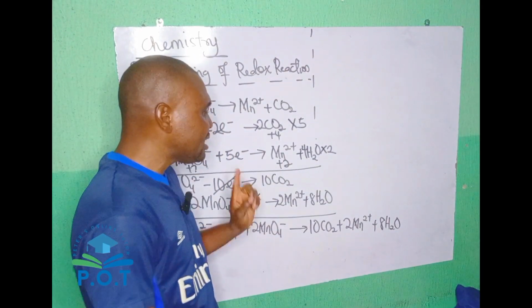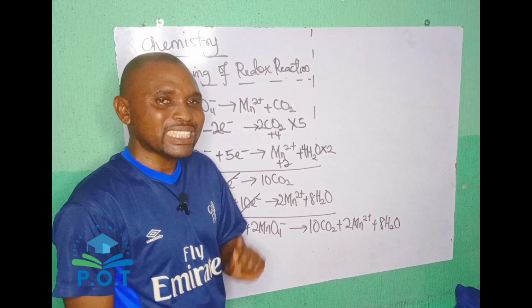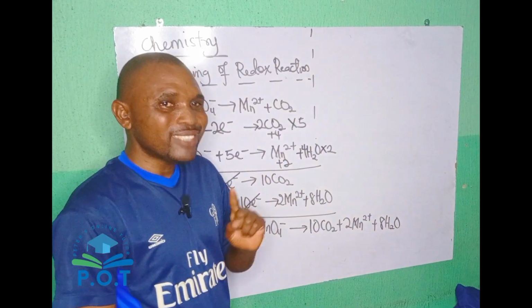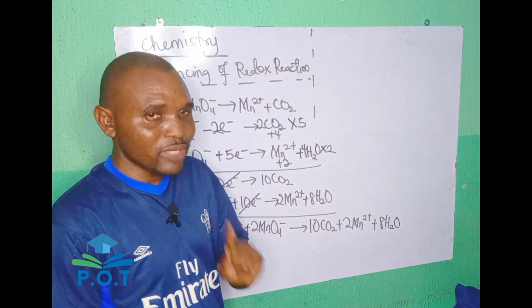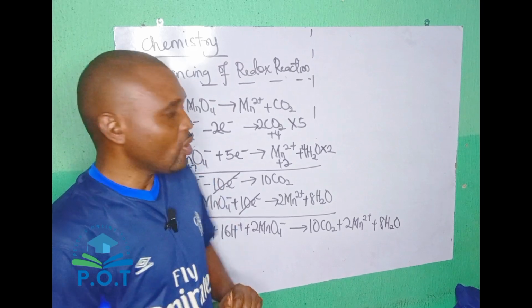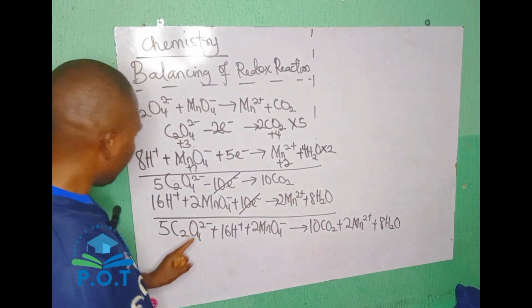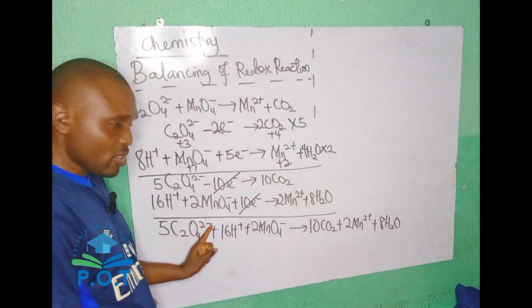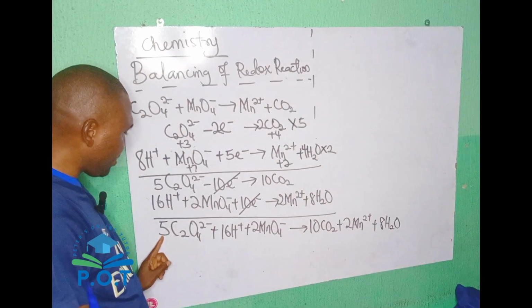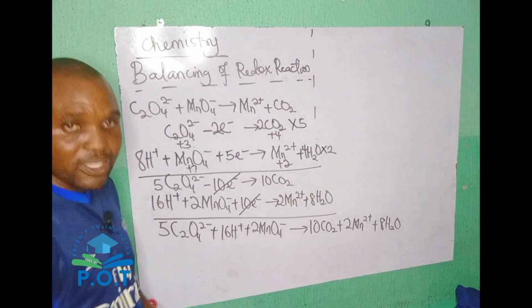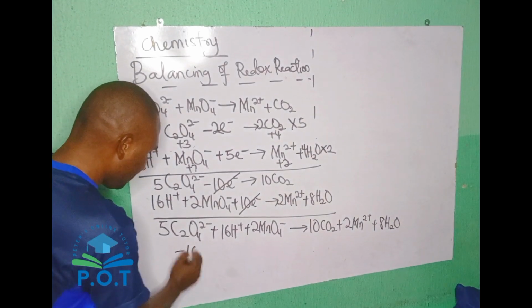All right. Now that alone cannot determine if the redox reaction or the redox equation is balanced. You still have to check for the charge. Now, if you come here, this is 2 minus, and this is 5. So you multiply 5 times minus 2. That gives us what? Minus 10.